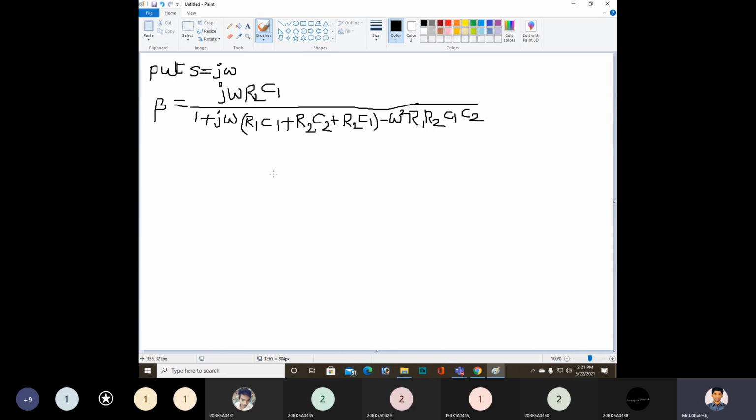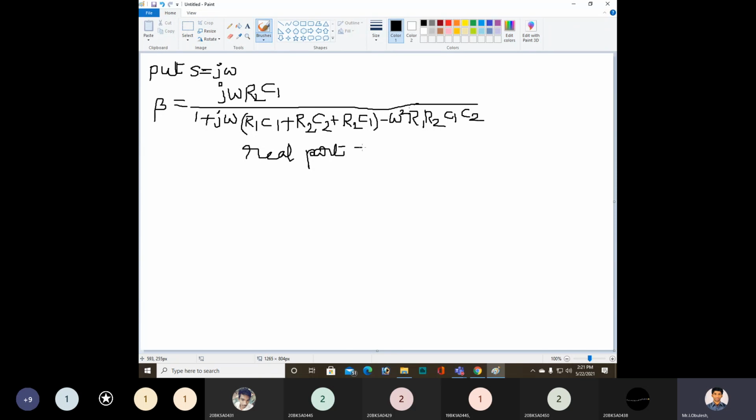For R to be a general quantity, here the real part will be equal to 0. Here the real part will be equal to 0, not the imaginary part, in the Wien-Bridge oscillator. So you need to equate the real part equal to 0.